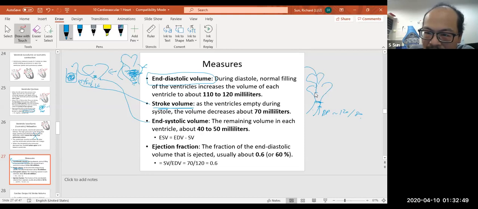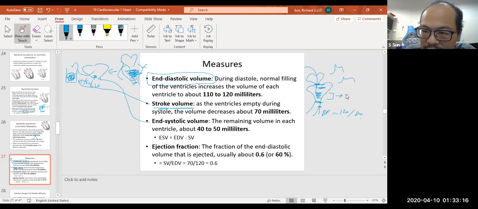So then the heart can fill with blood. Following that is the atrium contraction, squeezing in another 20%, then ventricle contraction. When the ventricle contracts, it will first close this valve, and then it will squeeze a portion of it out.